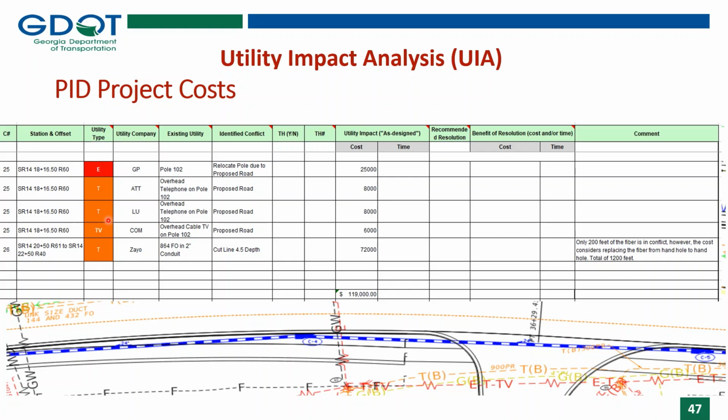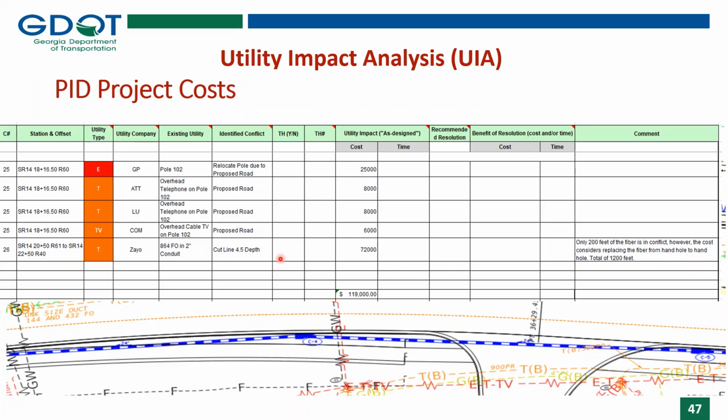The next telecom is Lumen. We're assuming $40 a foot for that as well, and that's going to cost $8,000. For cable TV lines, we have an assumption of $30 per foot, and that comes to a total of $6,000.